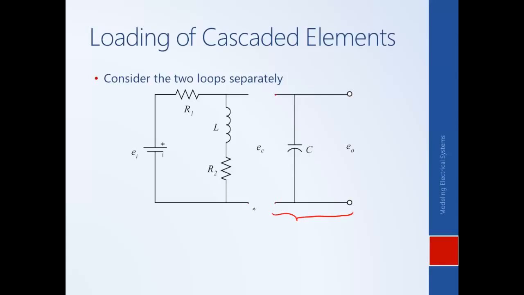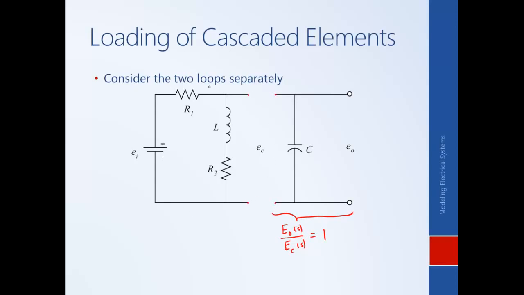So we can think of it as the output of the first loop and the input of the second loop. So in this circuit, EO is the output and EC is the input. And in this case, EC and EO are both the voltage across the capacitor. Therefore, in essence, they're equal. So EO divided by EC is equal to 1.